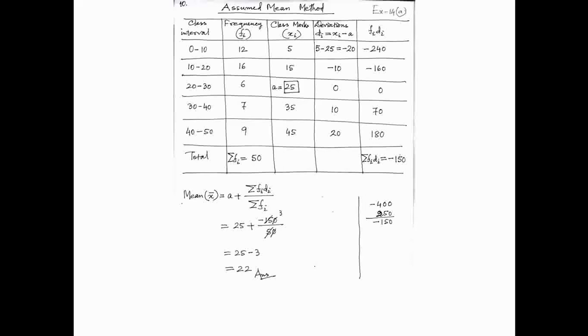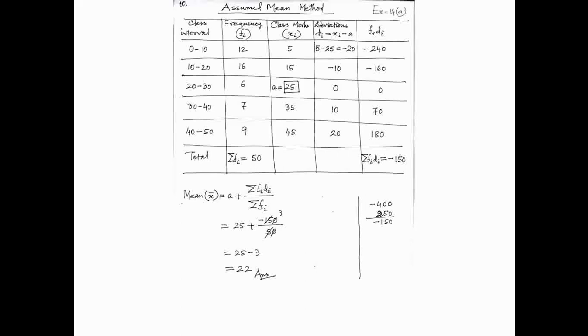Now in the total, all the frequencies you have to add. So sigma fi you will get equal to 50. And on this side, sigma fi di. See how I have done. First minus 240 minus 160, minus minus plus, so I have added these two, automatically it will come minus 400.